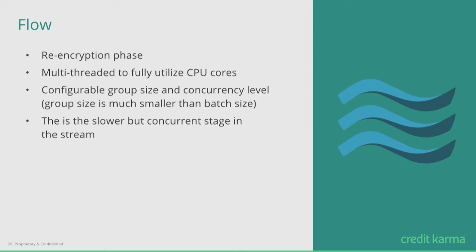The batch is basically a one-shot fetch into memory, then depending on our concurrency level and group size, we break it into smaller groups. And each time only a subset of the groups is executed by the flow. Since this part is more heavy duty and CPU intensive, it's relatively slower, but it's done concurrently.